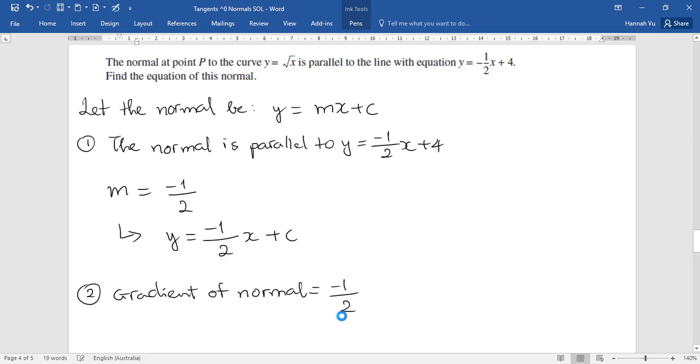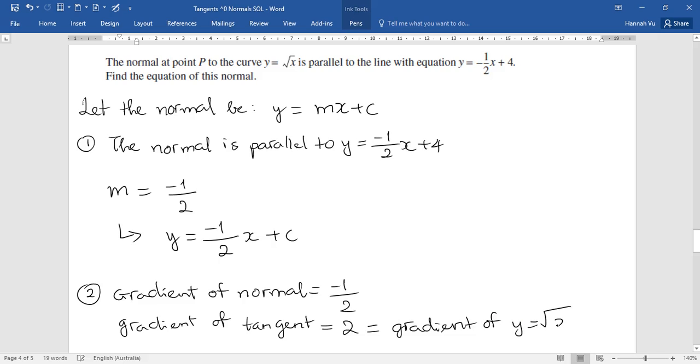This means that the tangent must have a gradient of 2, so that when you multiply them together, the product is negative 1. So the gradient of the tangent is 2, and this is also going to equal the gradient of y equals square root of x.